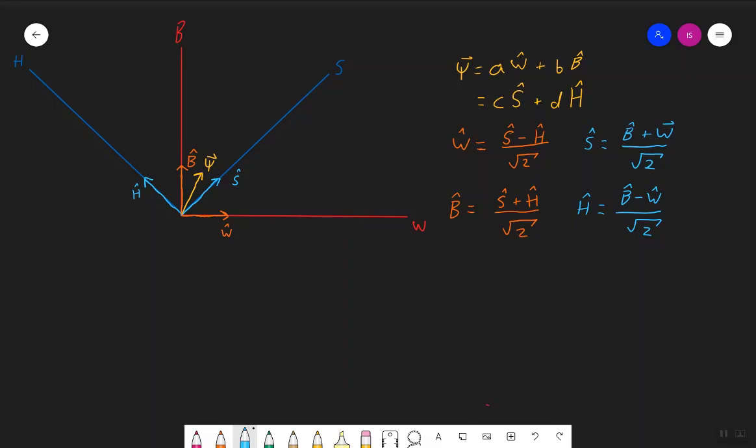Okay, so now I've been using hopefully some familiar notation with you guys. Now I would like to change it up a little bit so we get more into the quantum mechanics notation. So the first thing we're going to do is replace the hat on unit vectors with a different symbol.